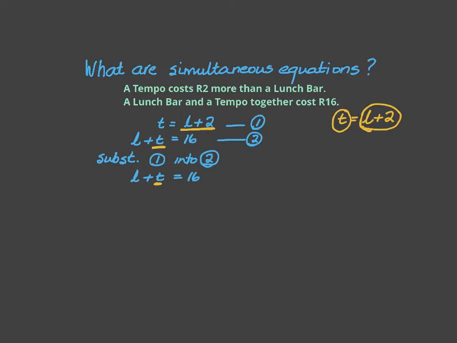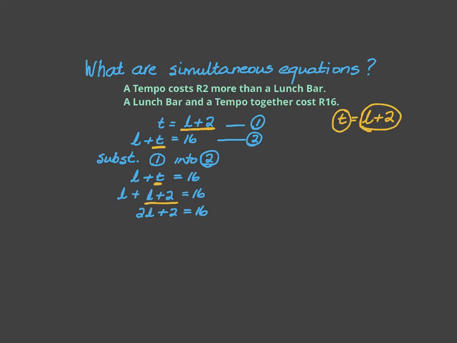The next step is L plus, now I'm going to do the substitution, L plus 2. Now you should be able to see that that L plus 2 takes the place of the t in the line above, is equal to 16. Now I have 2L plus 2 is equal to 16.